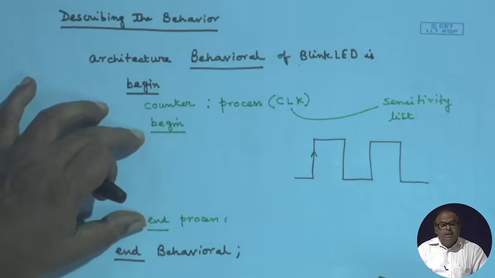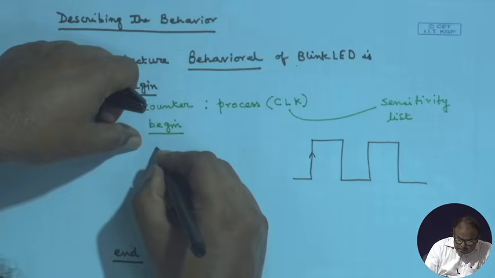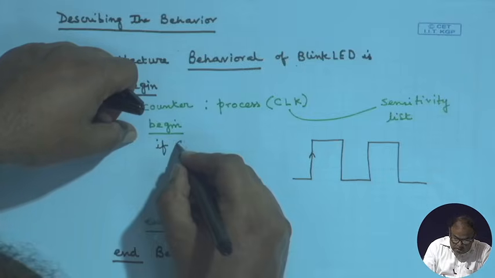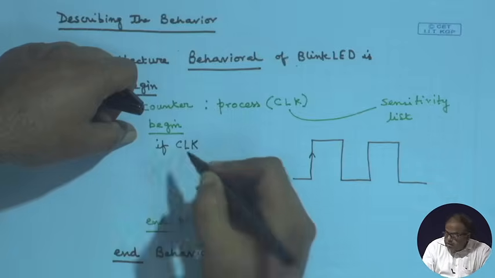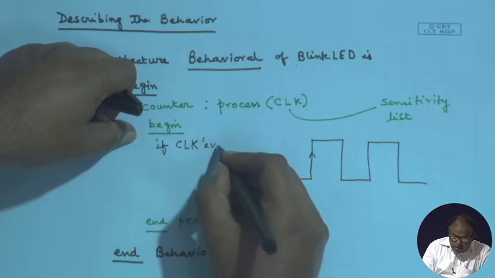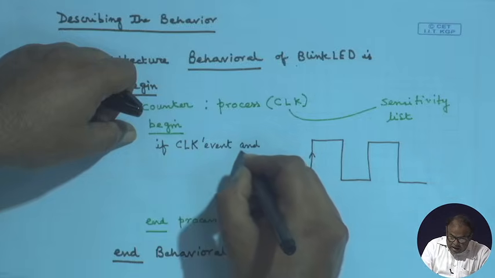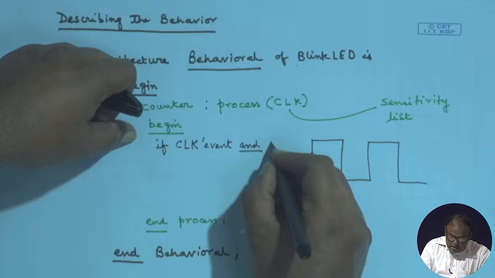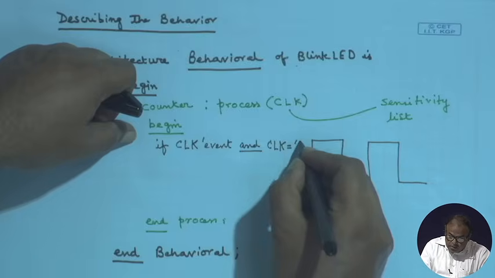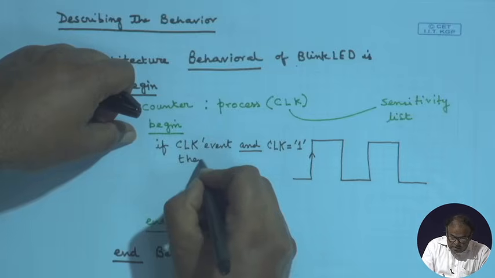In what way is it sensitized? Let us write that down. If clock, we write it in this way, if clock event and CLK is 1, then something.